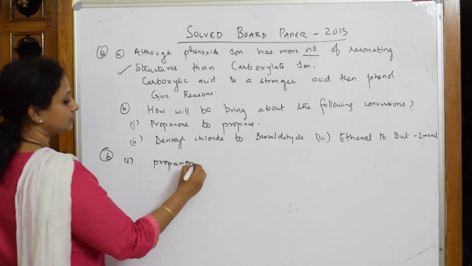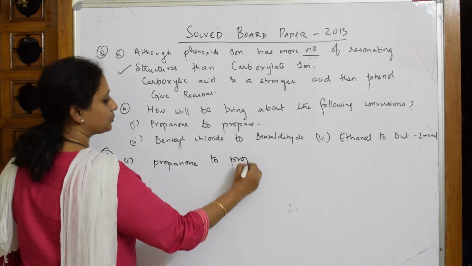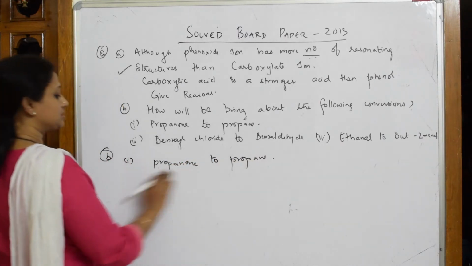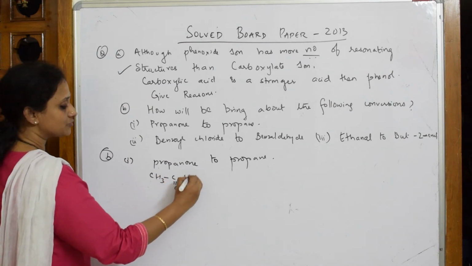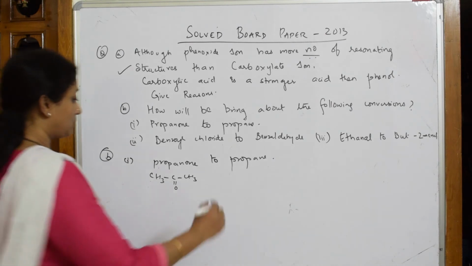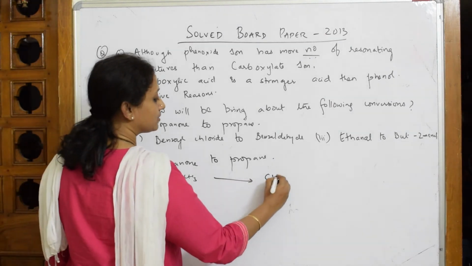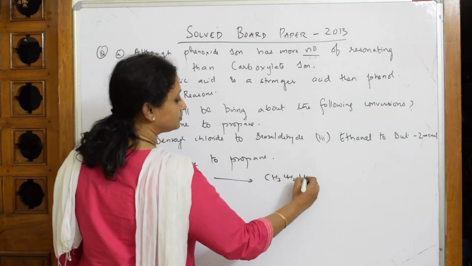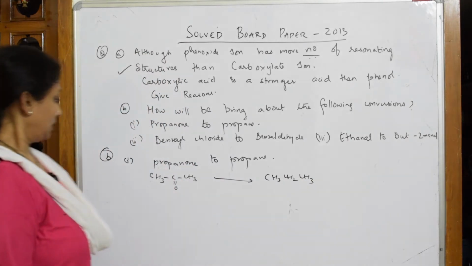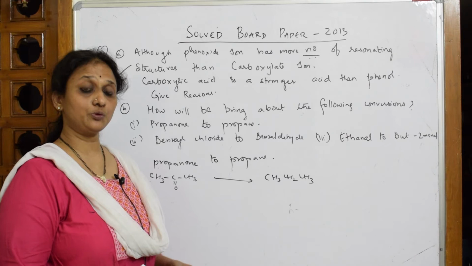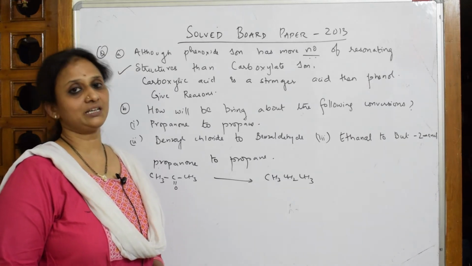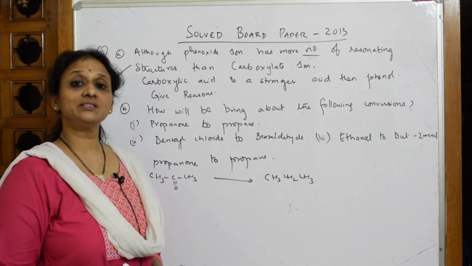Propanone to propane. So write this. What is the formula? Propanone is this, isn't it? Now I have to convert this into propane. This is your propane. Simple. Now we have done one name reaction here. Conversion of propanone to propane is a simple name reaction, that was your Clemmensen reduction.